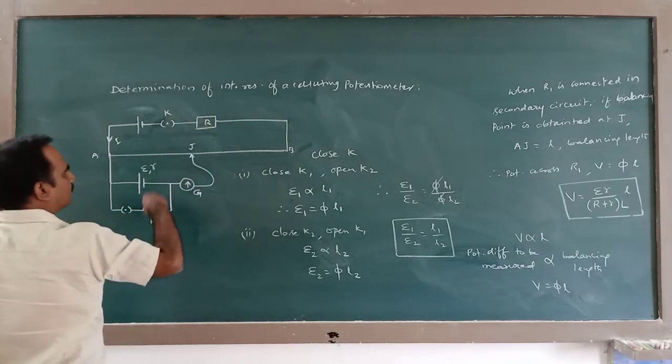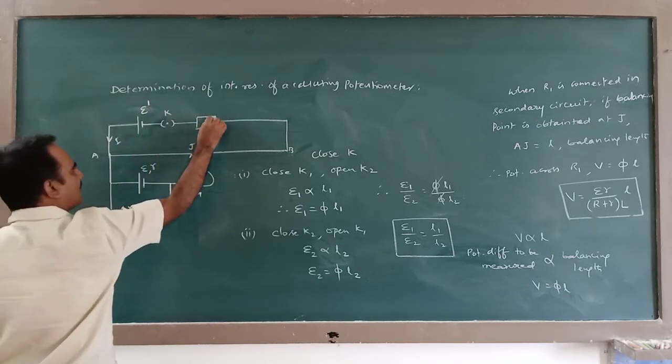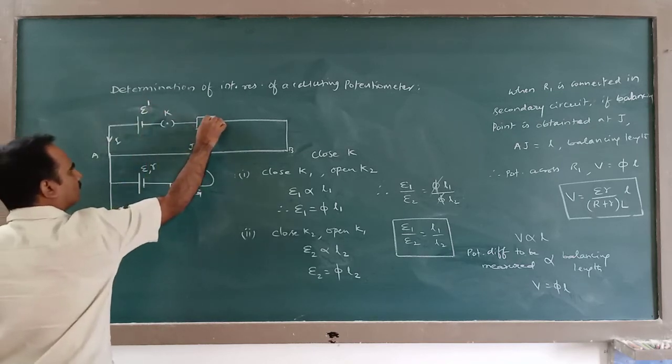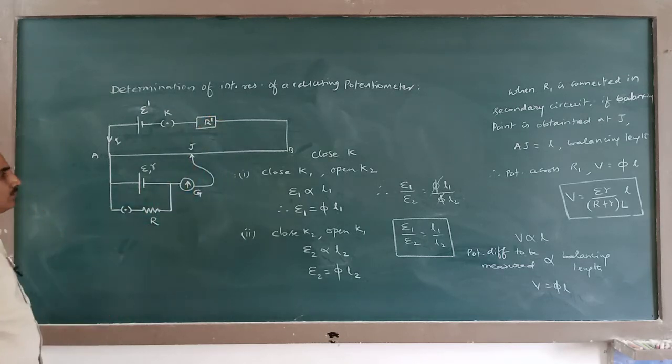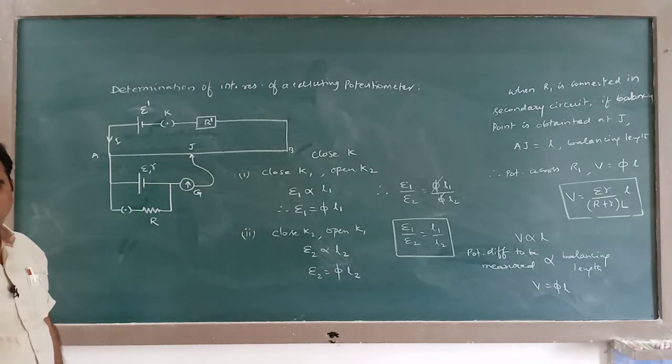To avoid confusion, you write this EMF as E dash and this as R dash, and this is R. Now we want to find the internal resistance of this cell, small r.